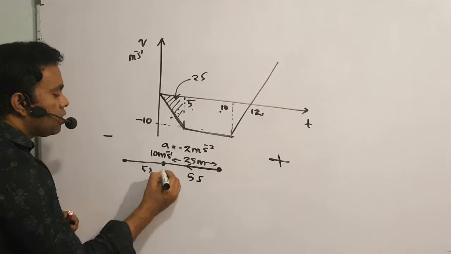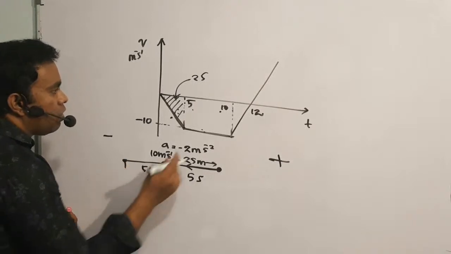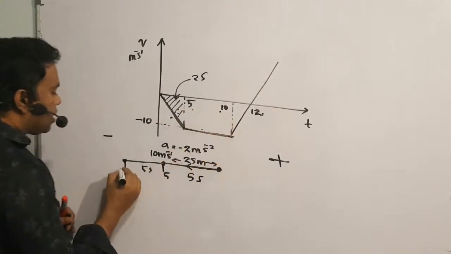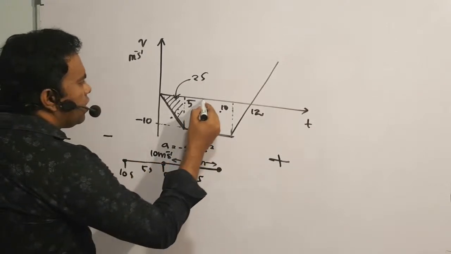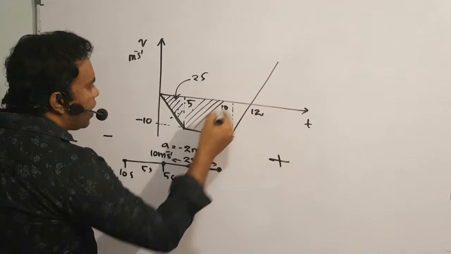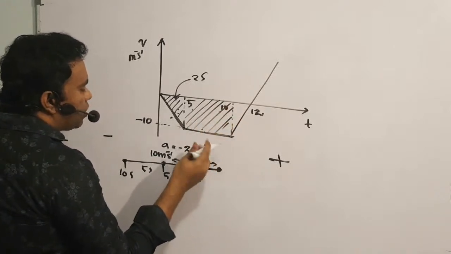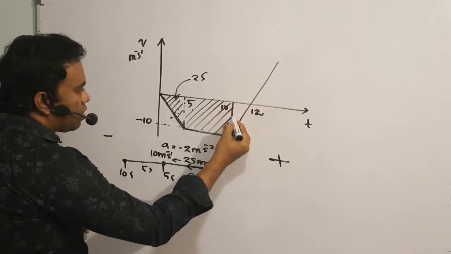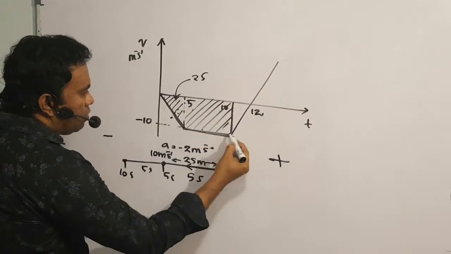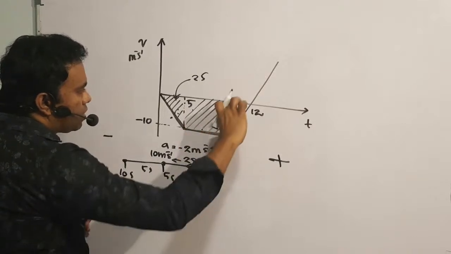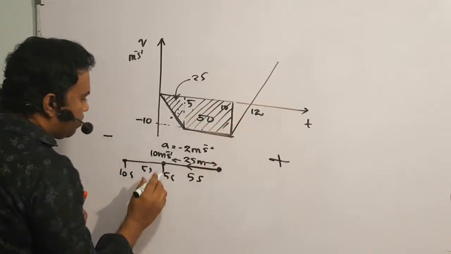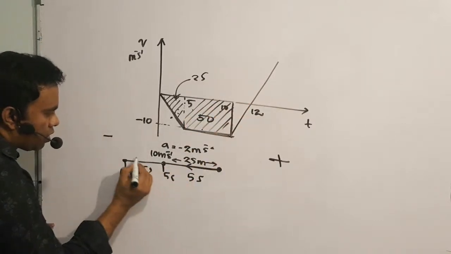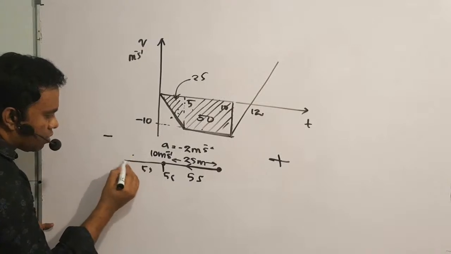Another 5 seconds, so altogether the 10th second. When it becomes the 10th second, it displaces further, so you have to add this displacement also. That's a rectangle, 10 times 5, which is 50.